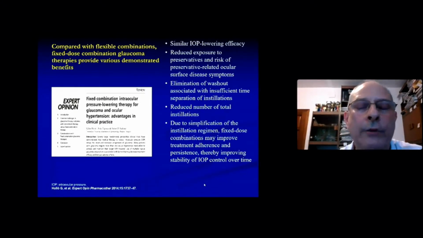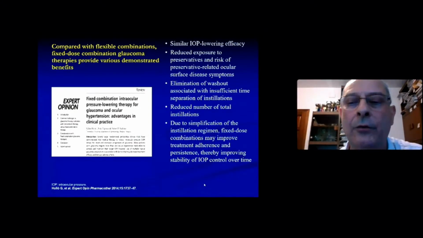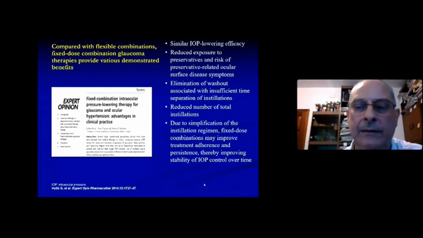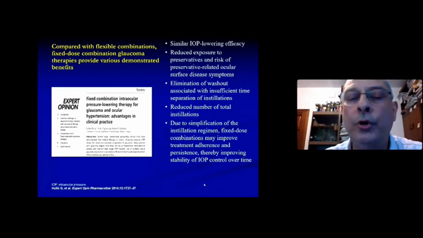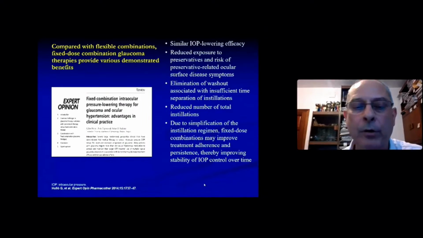They eliminate the washout effect, which very frequently happens when the patient instills from different bottles and does not wait for at least 3 minutes between the instillations and washes out the first instilled medication with the second instilled medication. Altogether, fixed dose combinations reduce the total number of daily instillations, which support easy life, adherence, compliance, and persistence, and therefore there is a good hope that this medication supports long-term success of glaucoma management.